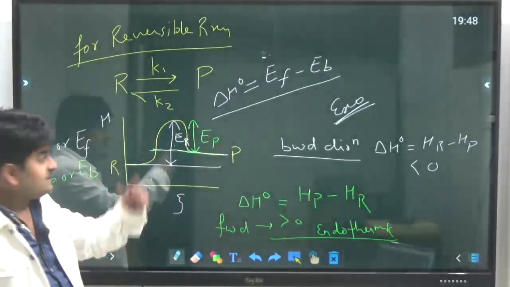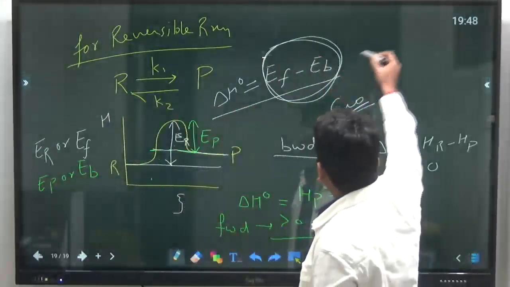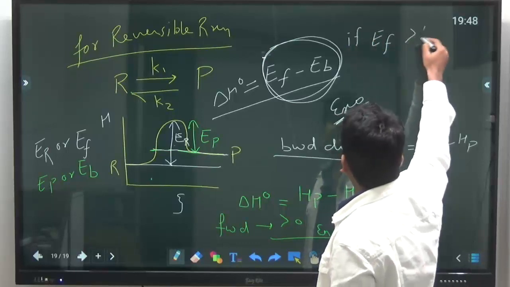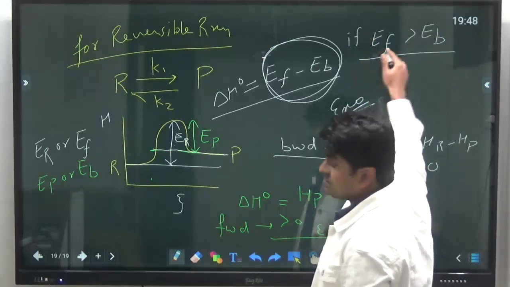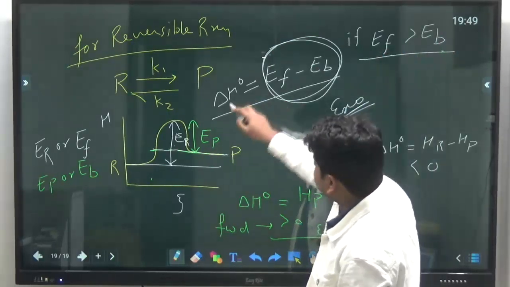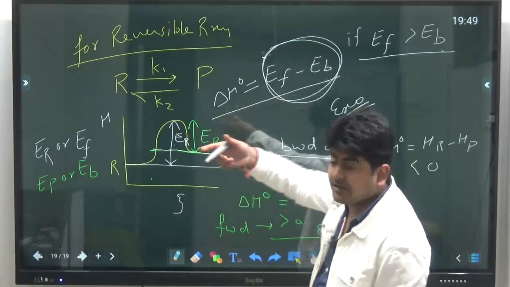Okay, so from here also you can understand that if EF is greater than EB, meaning activation energy of reactant is more as compared to product, this difference is positive, so reaction will be endothermic.